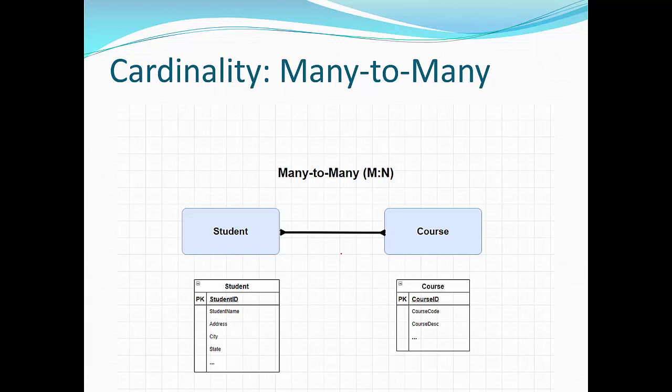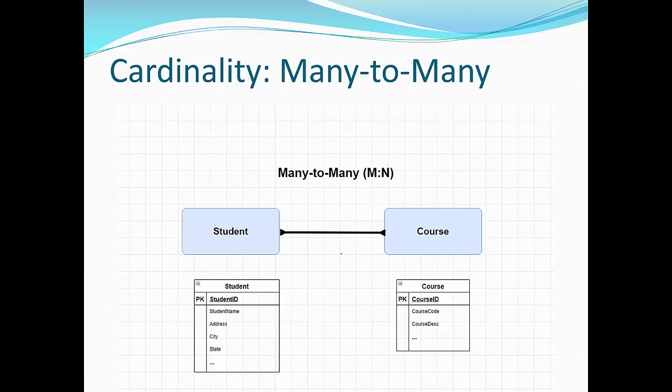It's very tough to implement many-to-many cardinality, because the complexity of many-to-many cannot be adequately represented in our rows and columns. That's all that we have to represent anything. So when two entities have many-to-many, we have a problem on our hands.